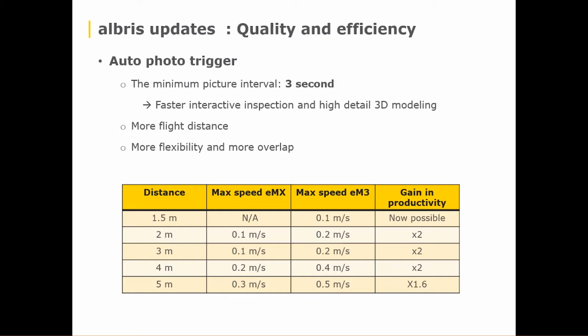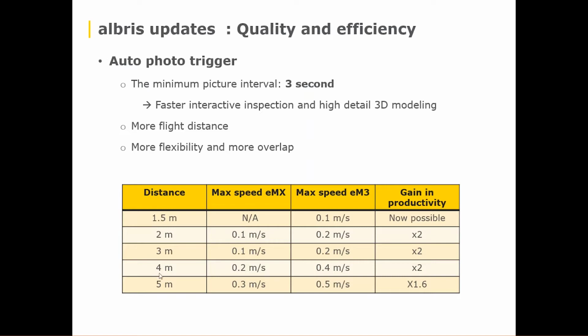Autophoto trigger: the minimum picture interval before was 5 seconds. Now we're down to 3 seconds, which allows much faster interactive inspection and high detail 3D modeling. It means we can also do more flight distance with one battery, and we are more flexible in terms of the overlap.